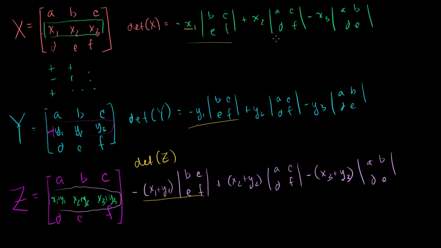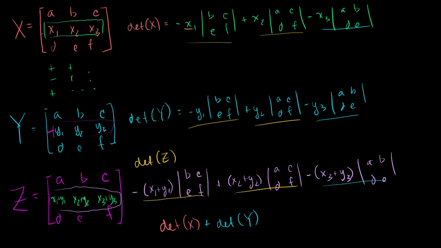And then this guy and this guy add up to that guy. And finally, that term plus that term add up to that term. So hopefully you immediately see that the determinant of X plus the determinant of Y is equal to the determinant of Z.